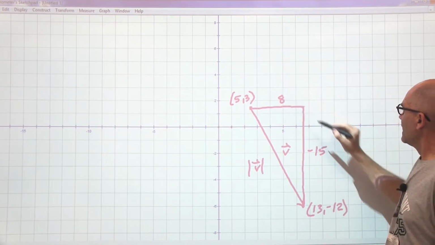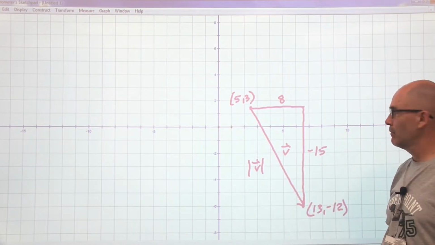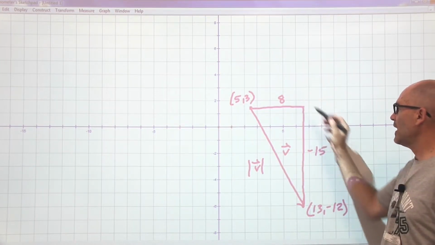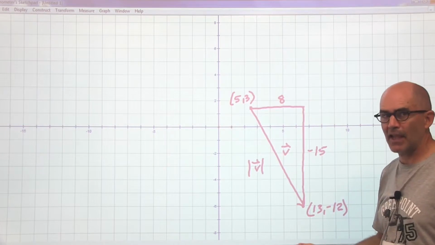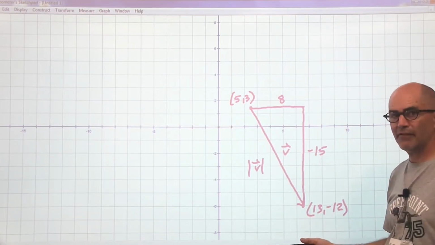So there's my 8, 15, and I just need the hypotenuse. Well, I happen to know 8, 15, 17 is a Pythagorean triple, so the magnitude of vector V is 17.